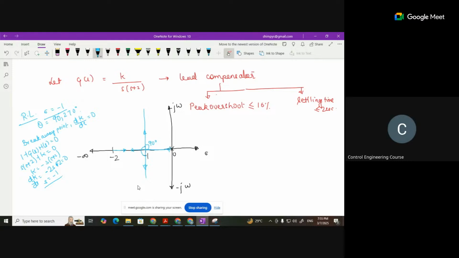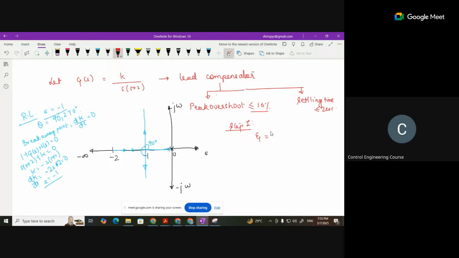Okay. Yes. So now, what is the next step? Zeta. Correct. We have to find out again the value of zeta, and zeta can be obtained as our peak overshoot is given as 16% or 0.16.